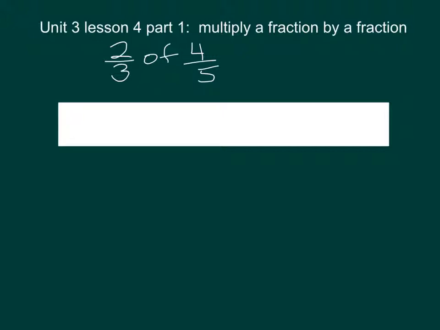So we're going to draw 4 lines to represent our 5 equal places. We're going to label them. This would be 0/5, 1/5, 2/5, 3/5, 4/5, and 5/5, also known as 1. 0/5, also known as 0.